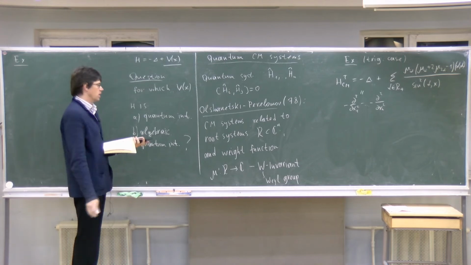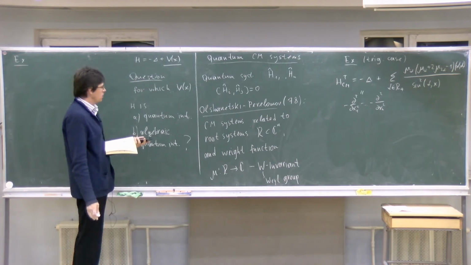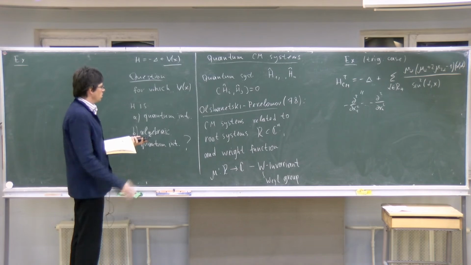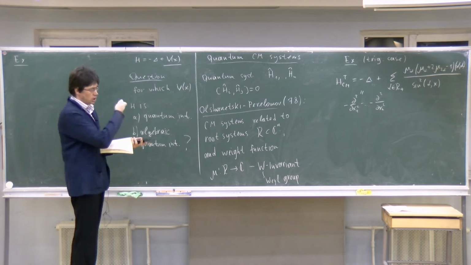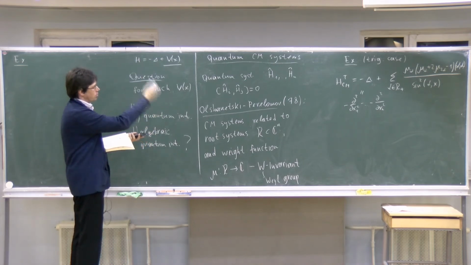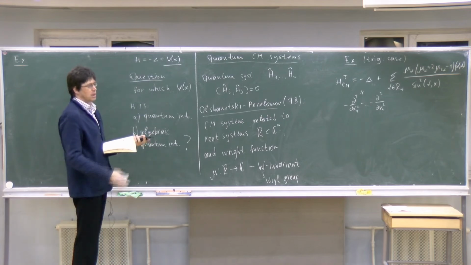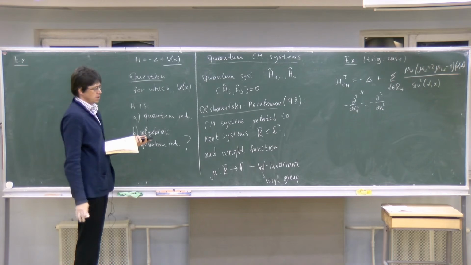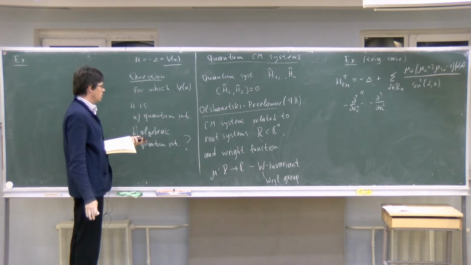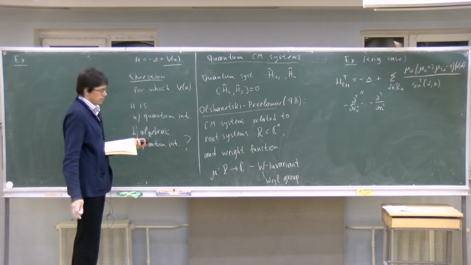You can try to read these papers and understand if this list of potentials is full or not. This is a general question, considered in many papers of many mathematicians, and it is still an interesting theme to study.